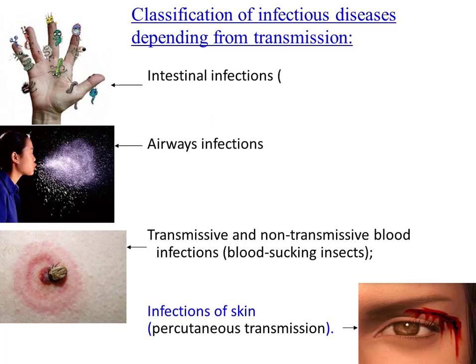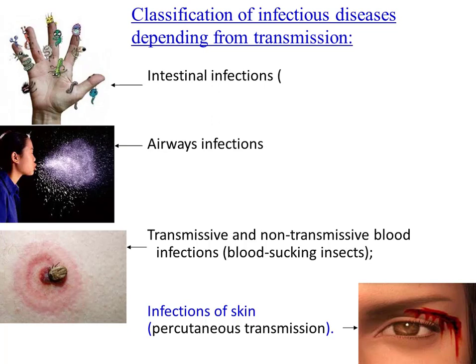Respiratory infection can be by the aerosol pathway, infection through the respiratory tract. Blood: transmissive and non-transmissive infection. When we speak about transmissive infection, we mean transmission of the pathogen through vectors: mosquitoes, ticks, fleas.